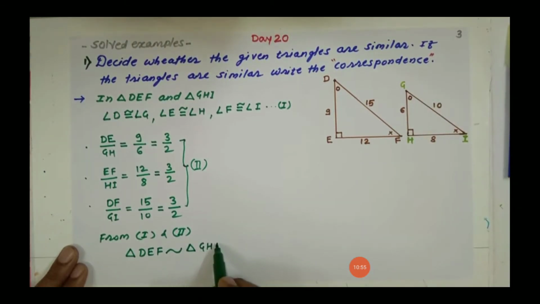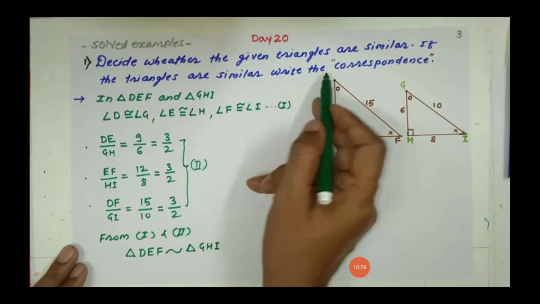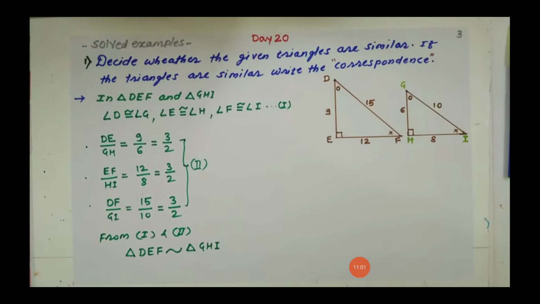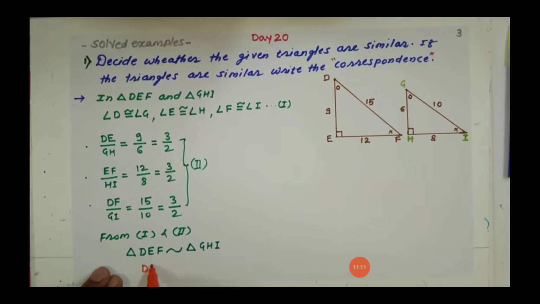Is it clear? And then the next is, if they are similar, then write the correspondence. You have to write their correspondence. So I will write that. Just write the correspondence. The correspondence is the same: DEF similar, corresponding to GHI.